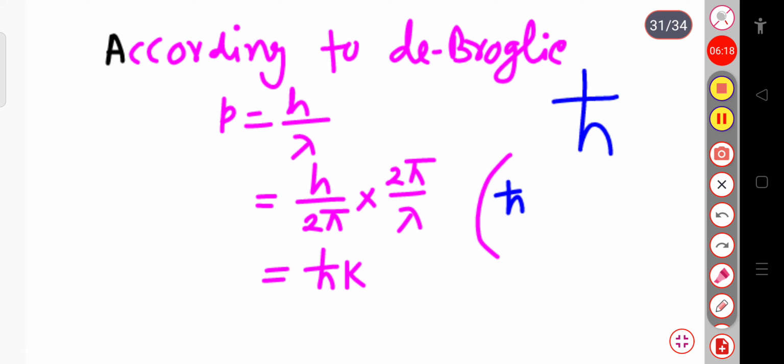This is represented as h cut, or pronounced as h cut, or h bar. Simply we have to give a cut line on the leg of the h. Is that clear?